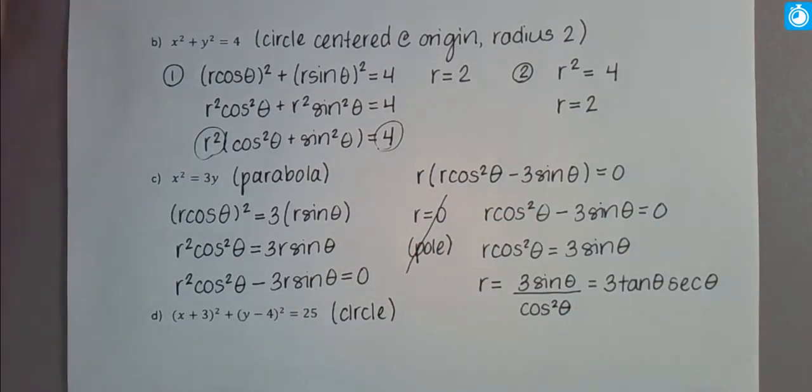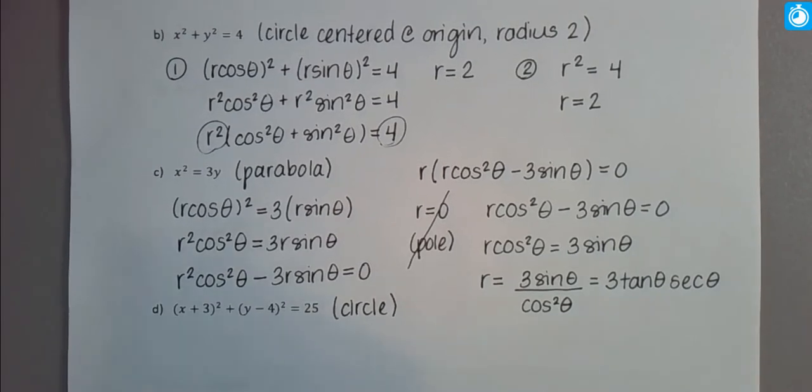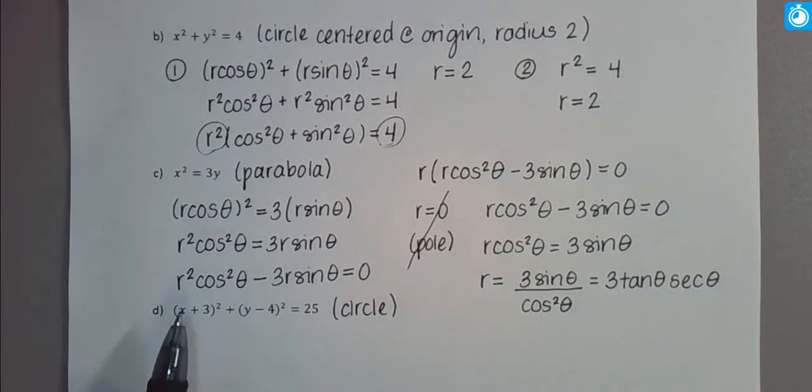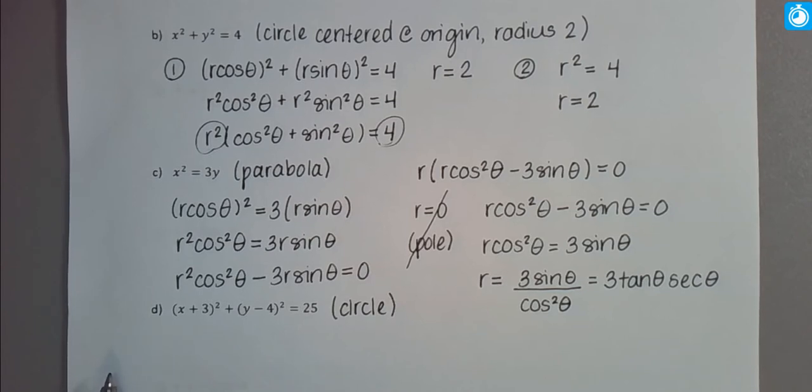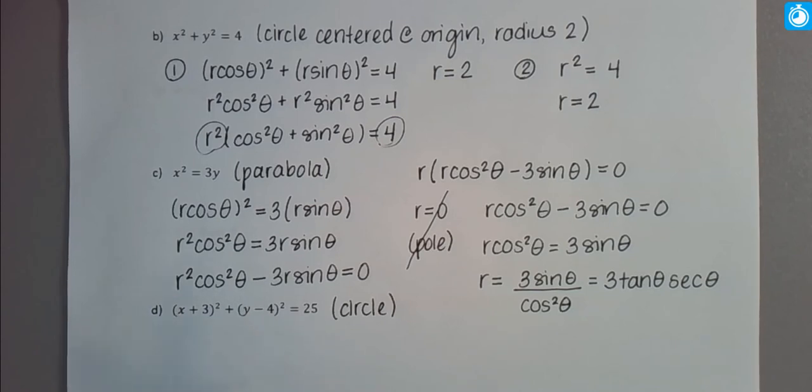So what would its equation look like? Well, what can we do here? We could FOIL this out if we want. The drawback to doing something like that, though, is then we're going to have to make multiple substitutions for x and y. So I might just go ahead and make the substitution and then go from there and see what happens.